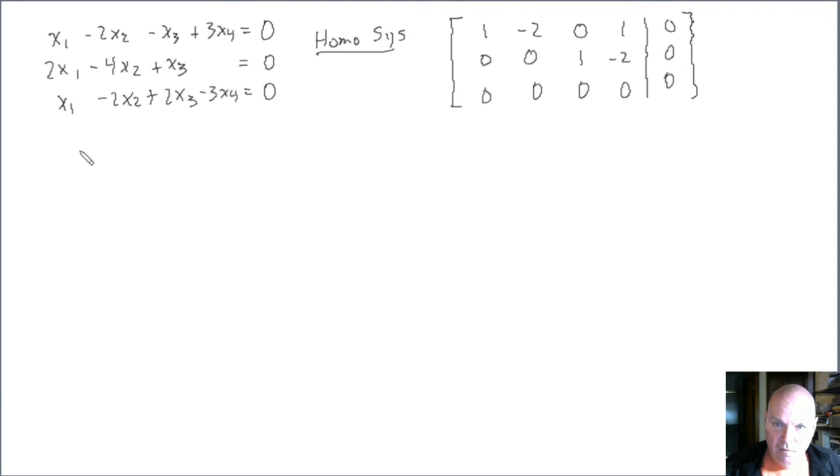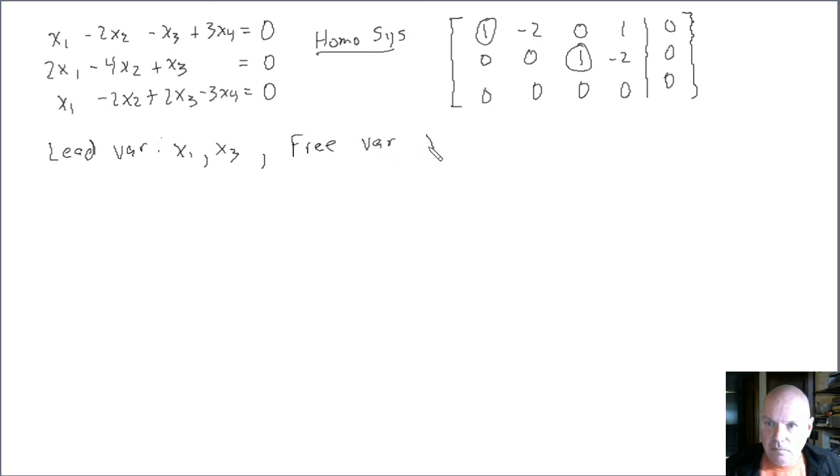So again, I identify the leading ones in each row, get the lead variables x1, x3, and free variables x2, which I'm going to assign s, and x4, t.